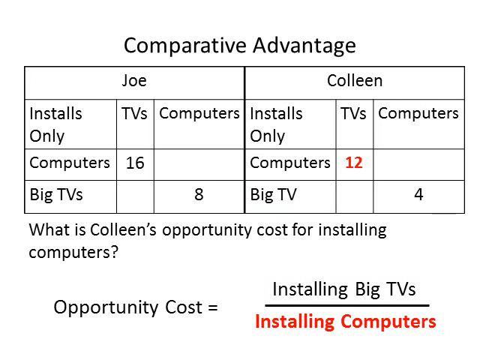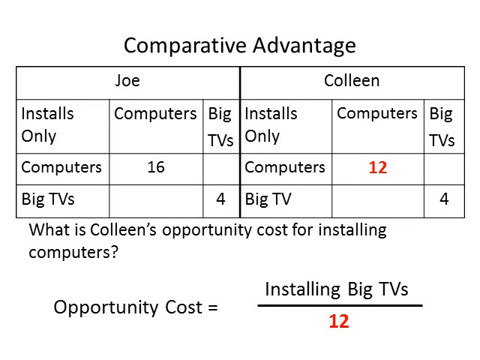Next, we need to substitute in the value for installing computers. Since Colleen is capable of installing 12 computers, we will substitute in 12 into the formula. Next, we will need to substitute in the number of TVs that Colleen is capable of installing.